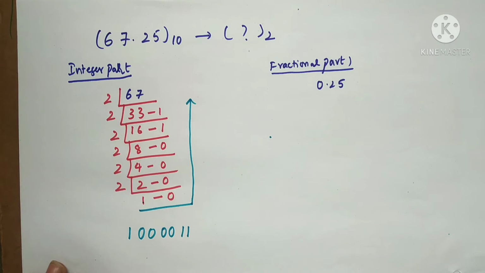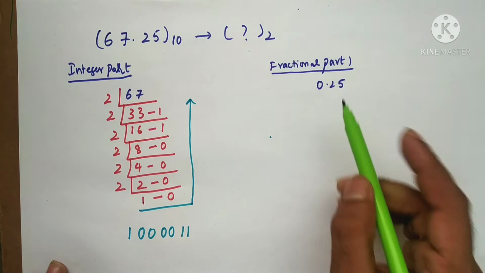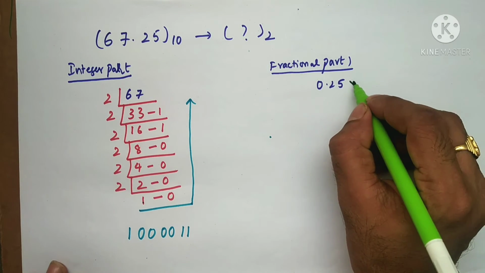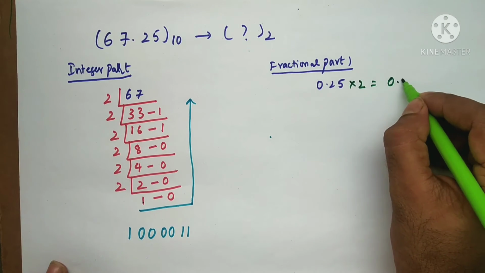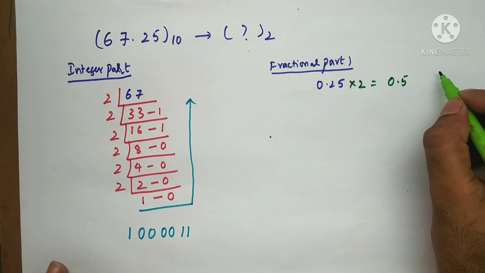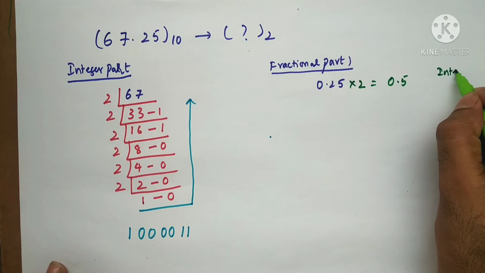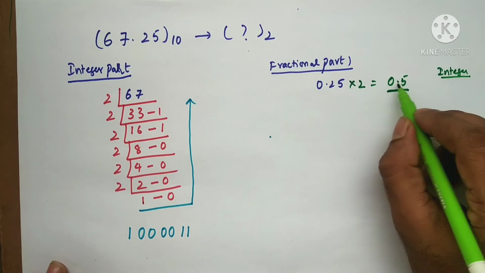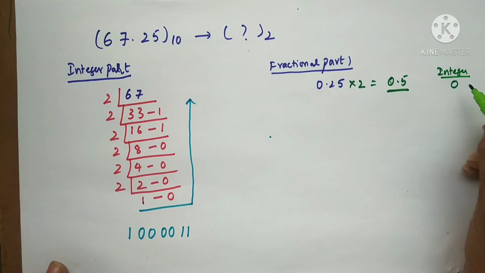Right? For the fractional part, what we have to do? For the fractional part, we have to multiply with base 2. So 0.25 into 2 is 0.5. For this value, write the integer part here. The integer part is 0.